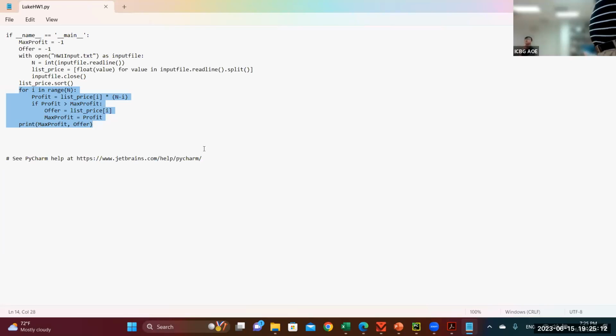Once I get a bigger number, I set that value to these two variables, so it remembers that. It doesn't come back to find it. So this is a very smart way. That's why I say when you get to this level, you can go to the bronze test. Pretty much you will get it.